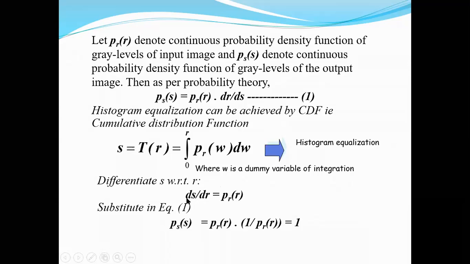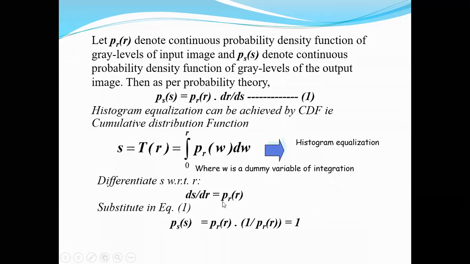Now simply substitute this equation 1 in this particular equation. Substitute dS by dR from equation 1. So we get P_S(S) is equal to P_R(R) into 1 upon P_R(R). Here P_R(R) is cancelled and we get P_S(S) is equal to 1.